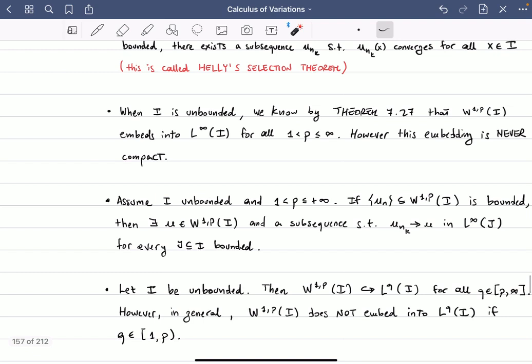So this is the negative news. The bad news is that if I is unbounded, this is not compactly embedding into L infinity, but instead it is basically compactly embedding into L infinity of J for any interval J contained in I which is bounded. So J has to be bounded.